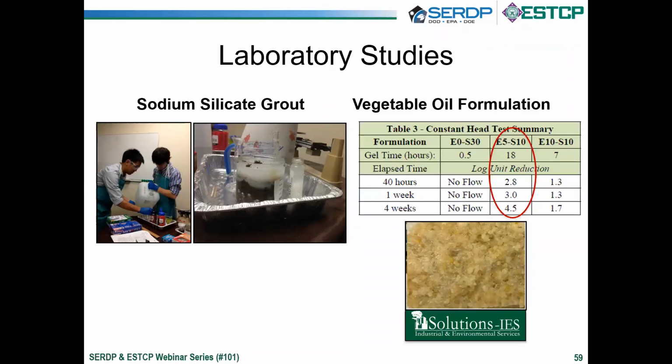And we even tested a simple salt, but then found that dibasic ester and inorganic hardener had more reliable and consistent gel times. And so the final formulations consisted of about 10 weight percent sodium silicate, 2 weight percent dibasic ester, and for the solution on the right, an additional 5% of emulsified vegetable oil.